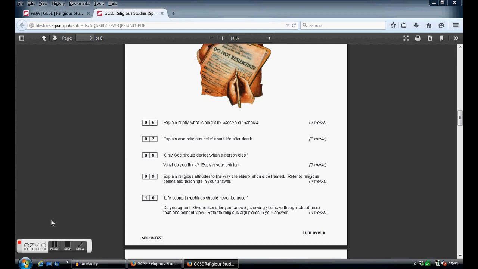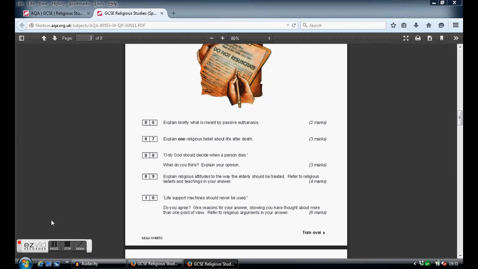Only God should decide when a person dies, because God's the one who gave you your life. And life is precious and sacred, and it should not be destroyed. So it should be down to God. Also, it's more natural that way. So humans aren't deciding to kill people earlier. It should be God who makes that choice.